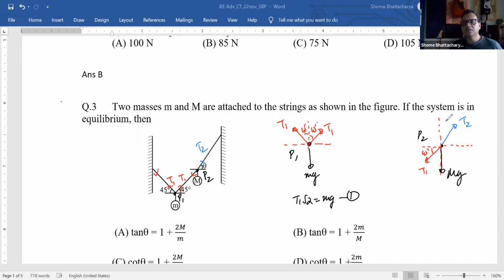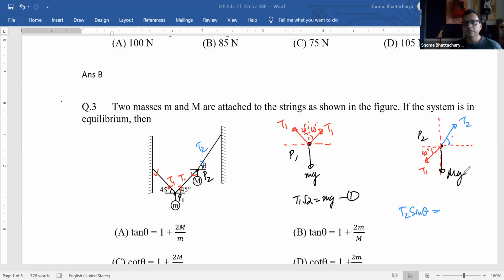So since we have to find theta here, I would not advise to use Lami's theorem. Okay, though you can actually, but what I would advise is just break this into components. So what is happening, the horizontal component of this would be T2 sin theta, that has to balance, oh sorry, I've taken the wrong angle as theta, so I'll get the complement. I should take this angle as theta, same as the question has taken.